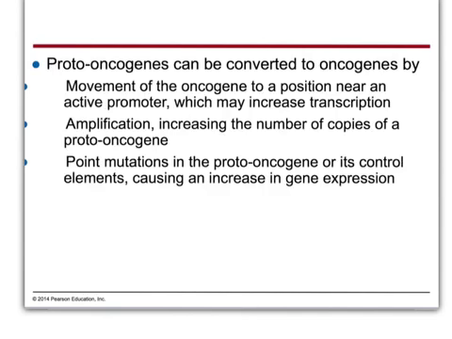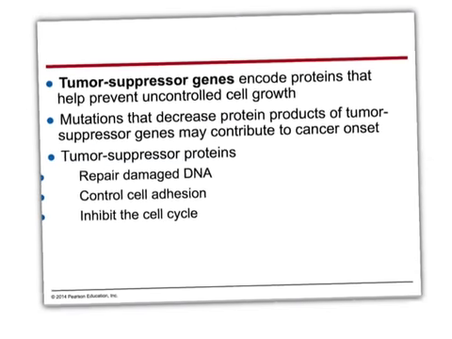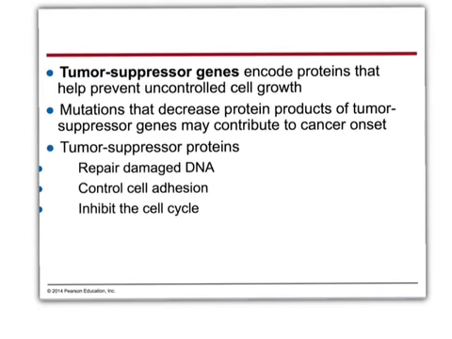This is one stimulus for cell growth, but there's still a control mechanism, all right? And that control mechanism is sort of like the brake in your car. Think of the proto-oncogenes as being the gas pedal to make the car go, right? Drive cell growth, while the brake helps to slow it down, all right?